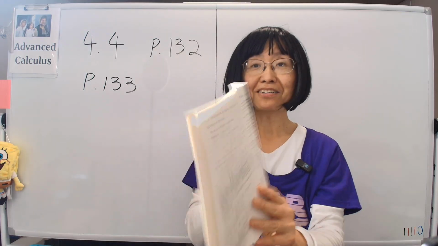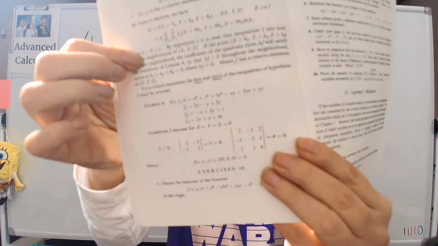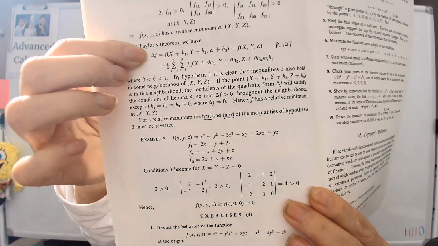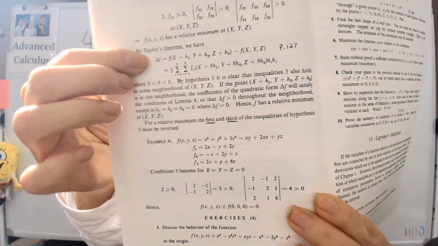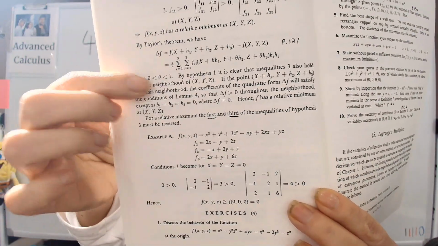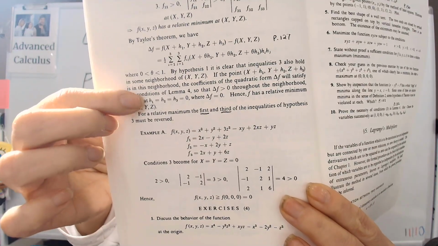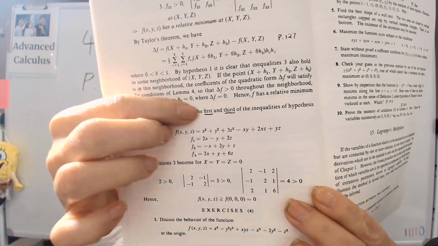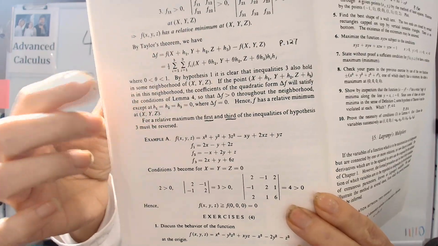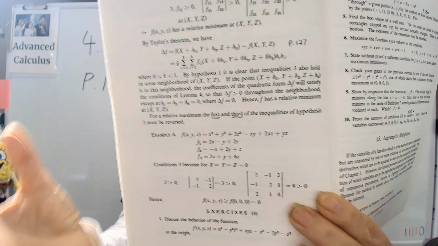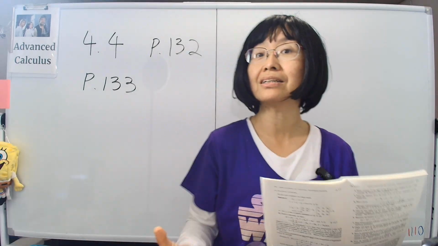Now, how cool is that? So suddenly we can say that in this case delta f is positive definite, which means it's bigger than 0 throughout the neighborhood except at the original point, where h1, h2, and h3 are 0. There delta f is just 0, because delta f is the change of f from the original point.